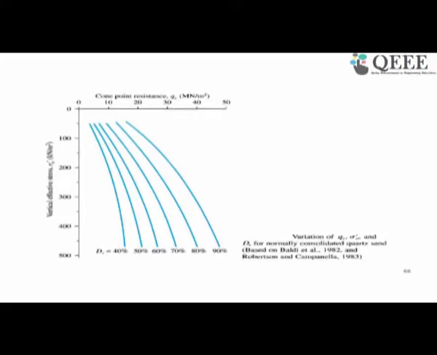We can use these curves which are available from various researchers. This particular plot is by Baldi et al. and Robertson and Campanella in 83. So from this graph you can directly find out, corresponding to different relative densities, what the vertical effective stress will be for different cone point resistances.